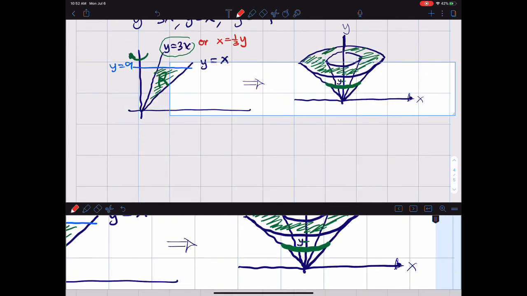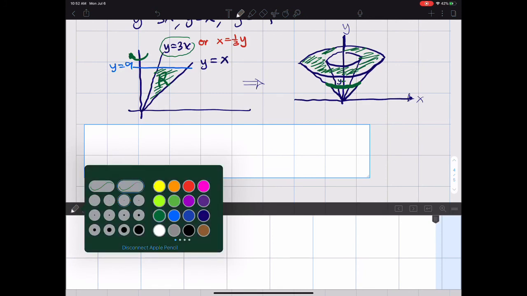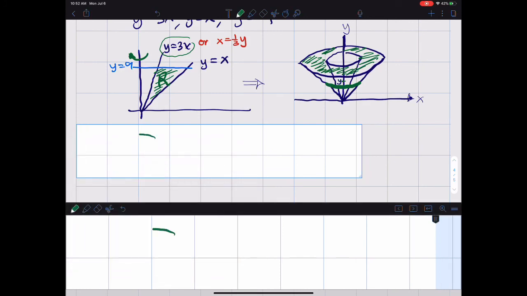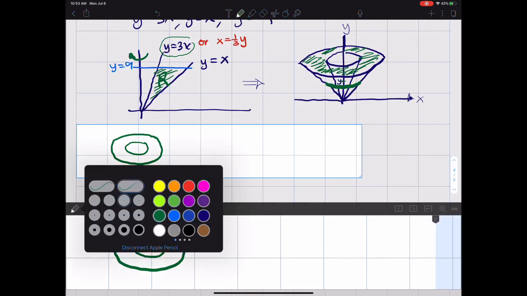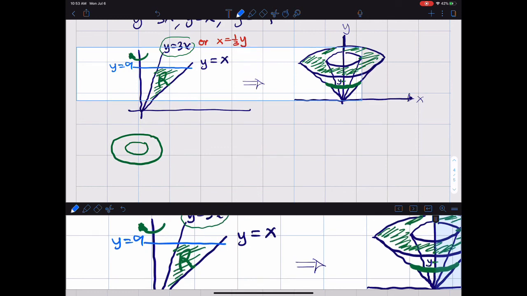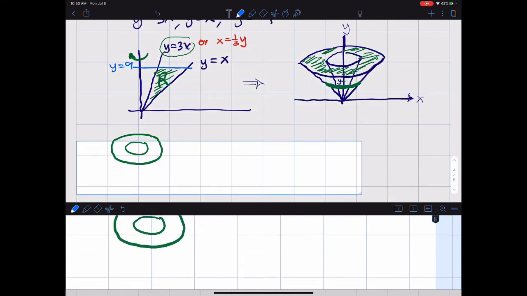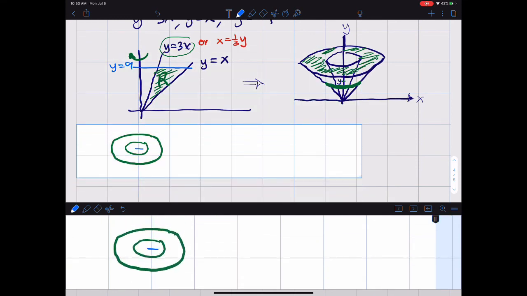So if I take my slice, this green slice, what does it become? It becomes a disc on the floor. It has an inner radius and an outer radius. The inner radius is 3x, as you can see. The outer radius is x.